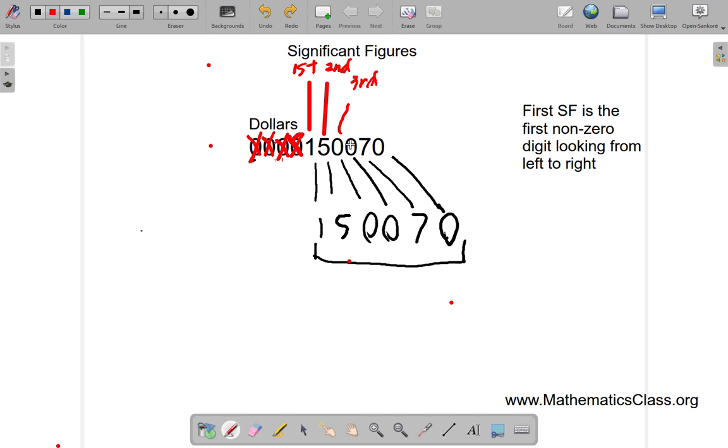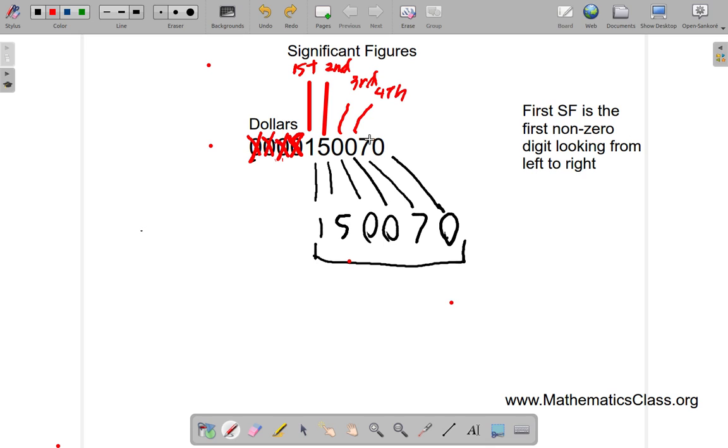Now what about this 0? If you get rid of it and leave this out, you're going to have 15070 because you left this out. No, it is significant. You will lose money. It will affect your money if you leave it out. So this is our fourth significant figure.